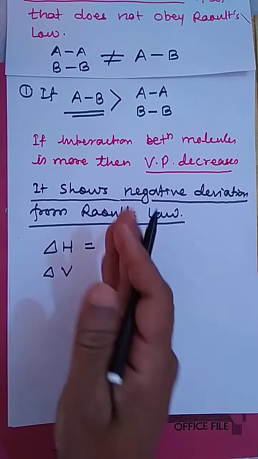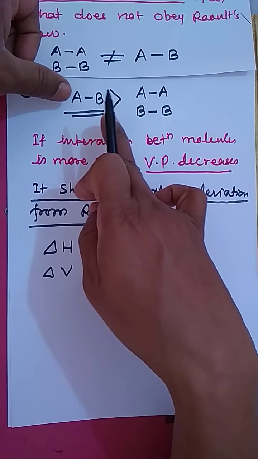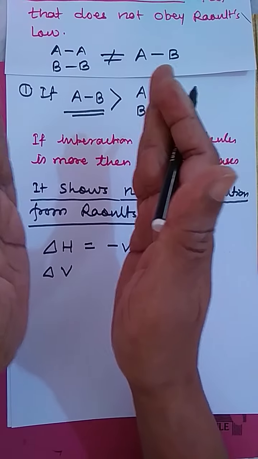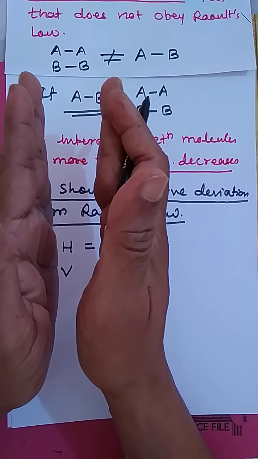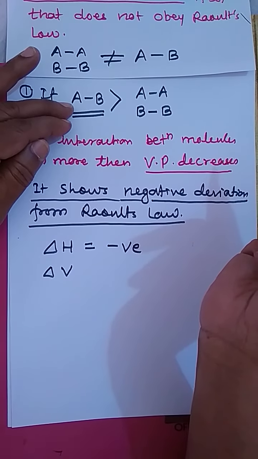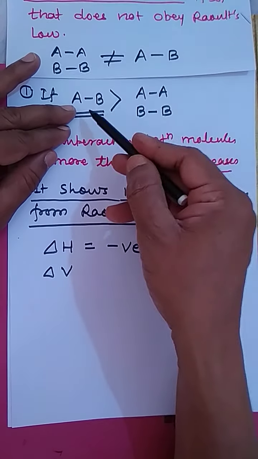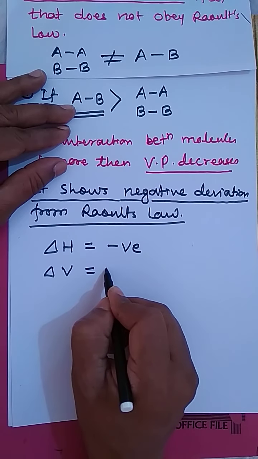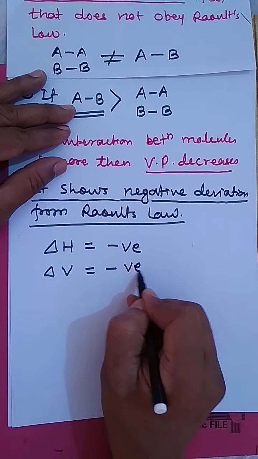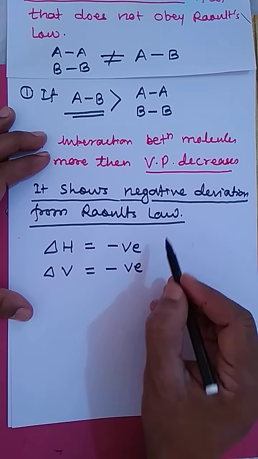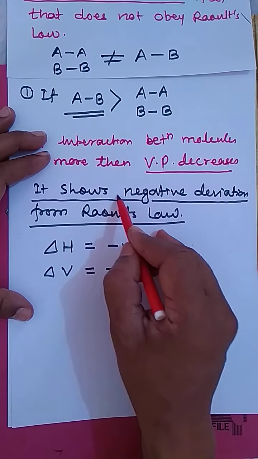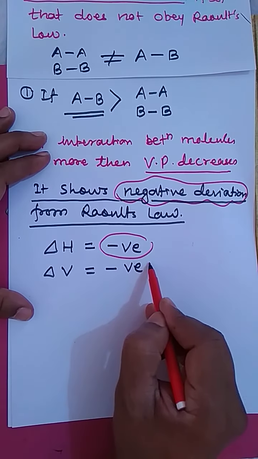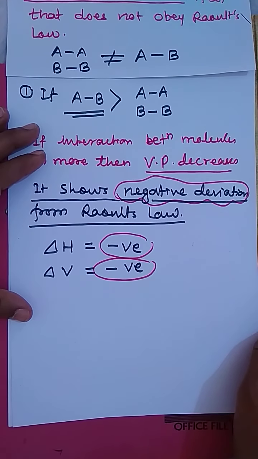And delta V, if bond becomes strong, so the distance between A and B decreases. So definitely volume decreases. Final volume decreases. So final volume minus initial volume is negative. So delta V is also negative. So always remember, if negative deviation is there, then delta H is also negative, delta V is also negative, right?